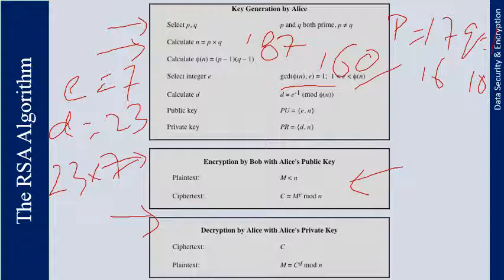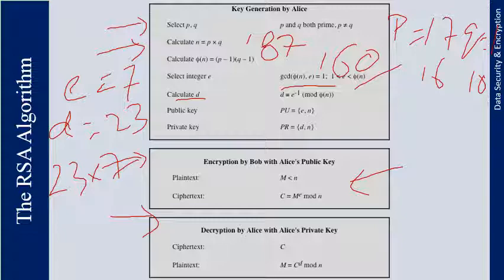So d is equal to 23. This can be calculated using the extended Euclidean algorithm. You can find out more information in lecture number 5.